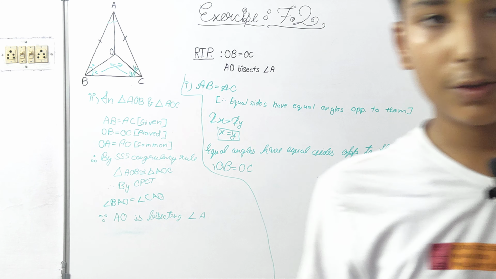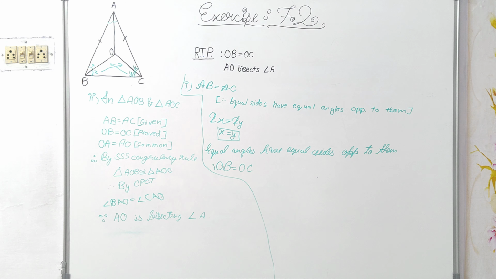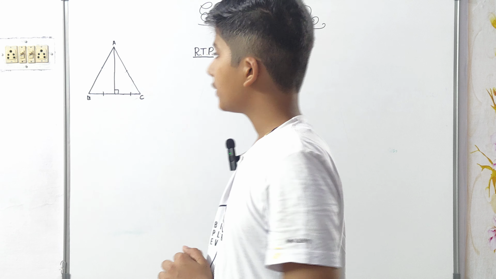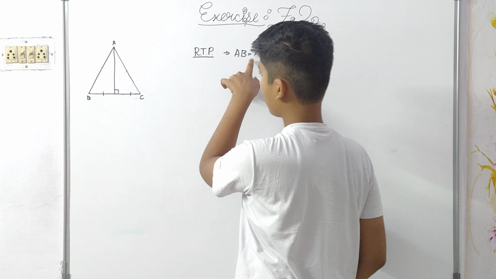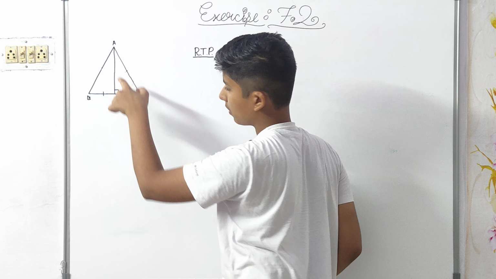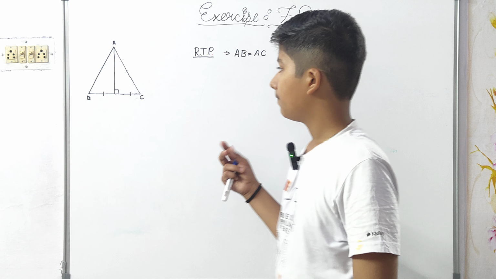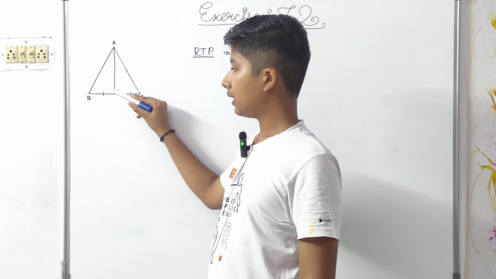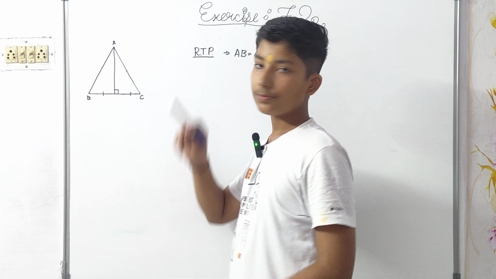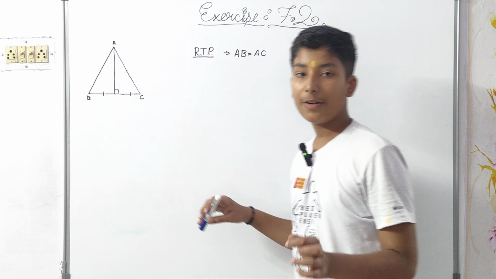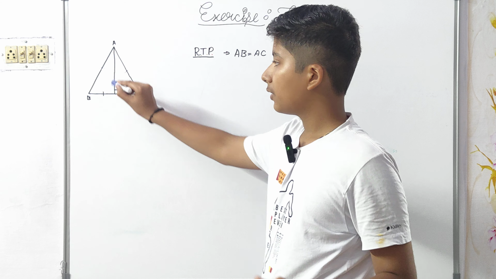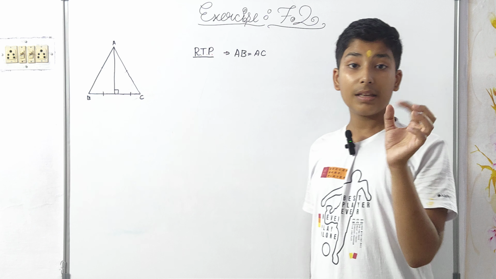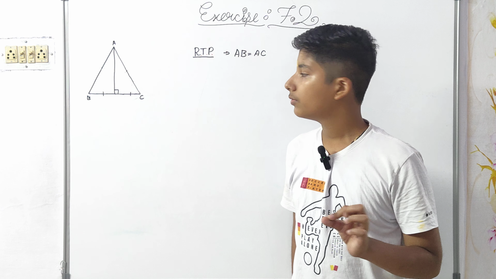Now we are going to come to our next question. Now this is our second question, in which we have to show that AB equals AC. It is given that these two angles are equal, and these two angles are 90 degrees, and now we have to prove that these two sides are equal, meaning ABC is an isosceles triangle.